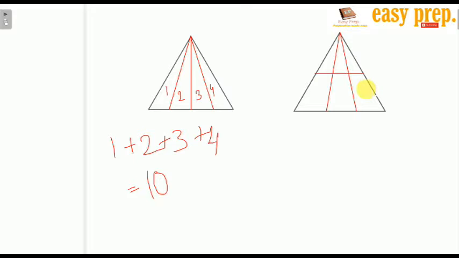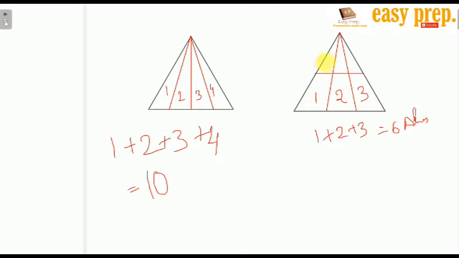In this kind of questions our procedure will be the same, friends. First write the numbers for the parts of triangles 1 plus 2 plus 3. Then add those numbers, equal to 6 triangles.